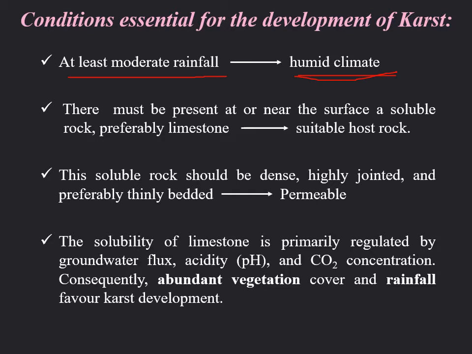Thirdly, the soluble rock should be dense, highly jointed, and preferably thinly bedded. So there should be an ample amount of pre-existing weak planes or weak areas through which the precipitated rainwater can percolate. The rock should be highly jointed, highly fractured or thinly bedded.